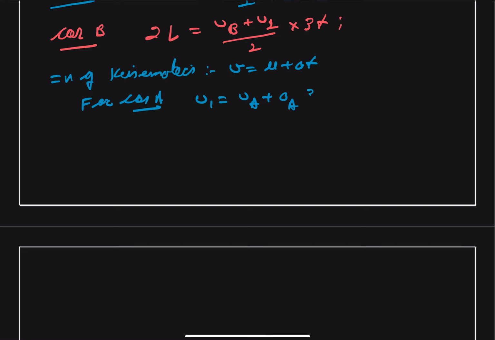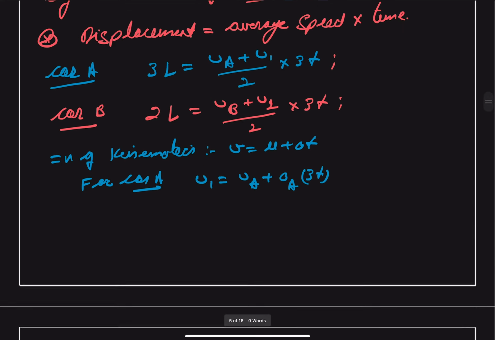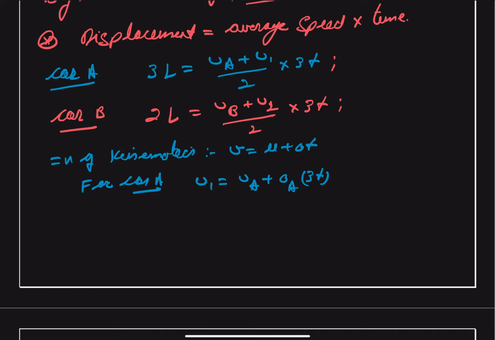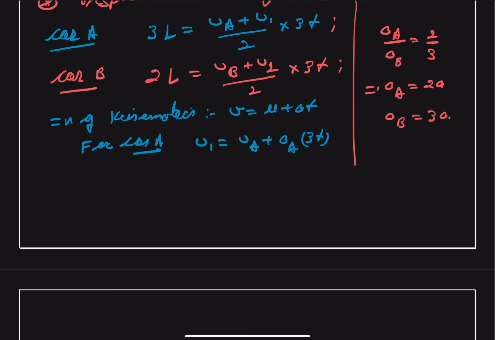Please keep in mind that the ratio of acceleration of A to acceleration of B is given as 2:3. Therefore, we can write acceleration of A as 2A and acceleration of B as 3A. So we substitute it here, and we get V1 = VA + 6AT.